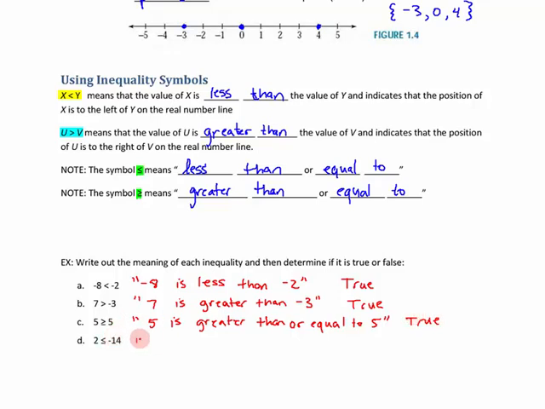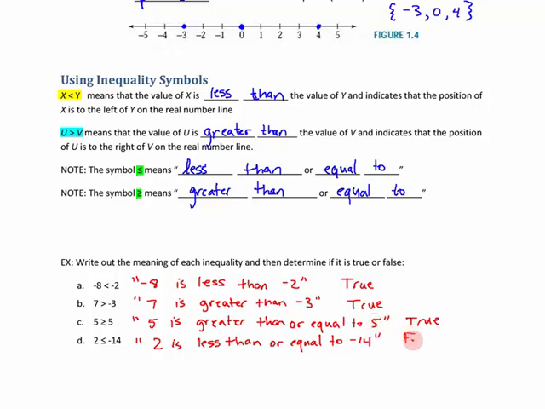Is 2 less than or equal to negative 14? True or false?